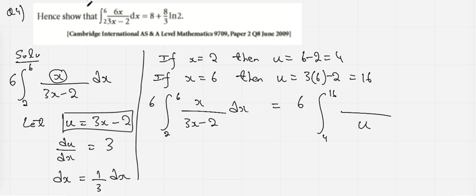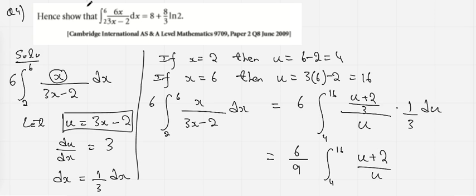It'll be equal to u plus 2 upon 3. This is your x, this is your u, times 1 upon 3 du. Now I transfer this 3 and this 3 outside the integral. It's 4 times the integral from 4 to 16 of u plus 2 upon u.